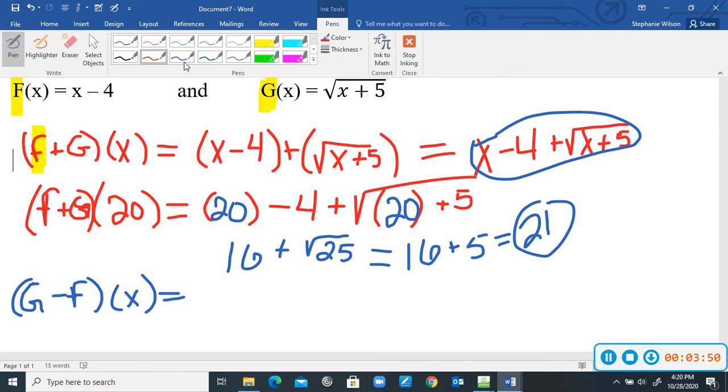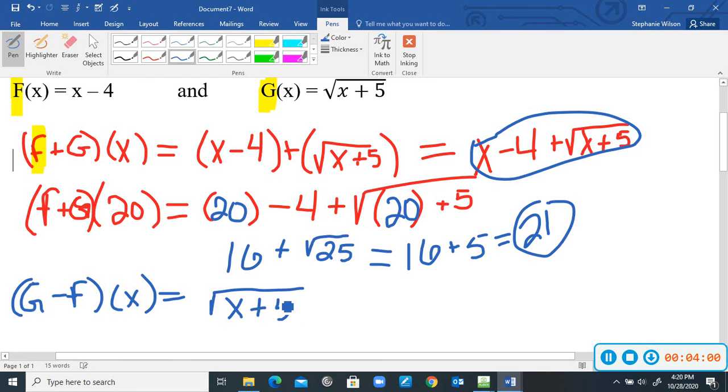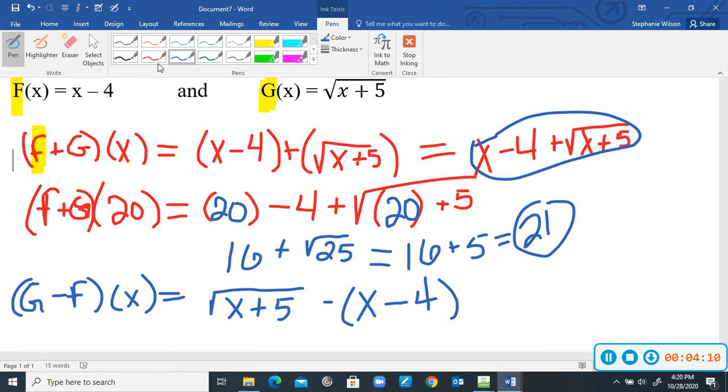So I said G minus F. That means the G function comes first, and then I'm going to subtract my F function. I'm going to put the F function in parentheses again because that minus sign is going to change everything inside there when I distribute it. I have to distribute this negative sign to everything inside here. So what happens?